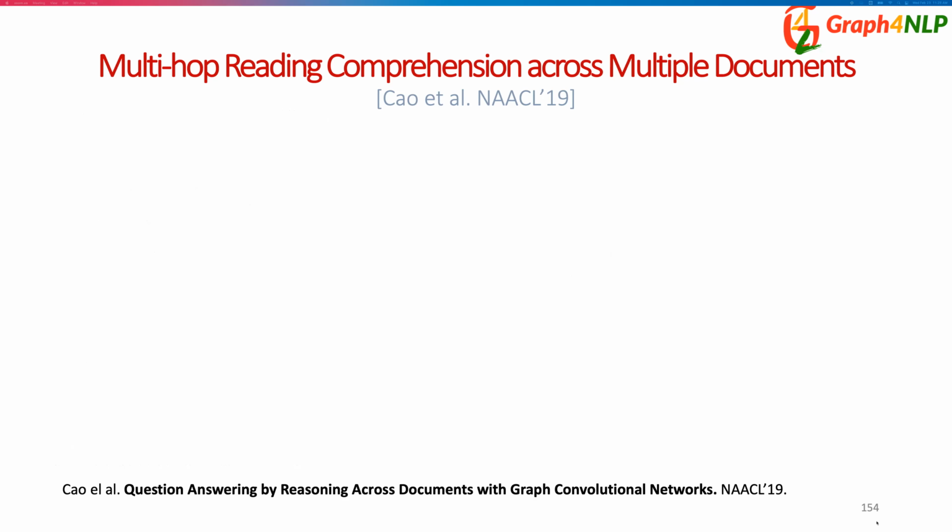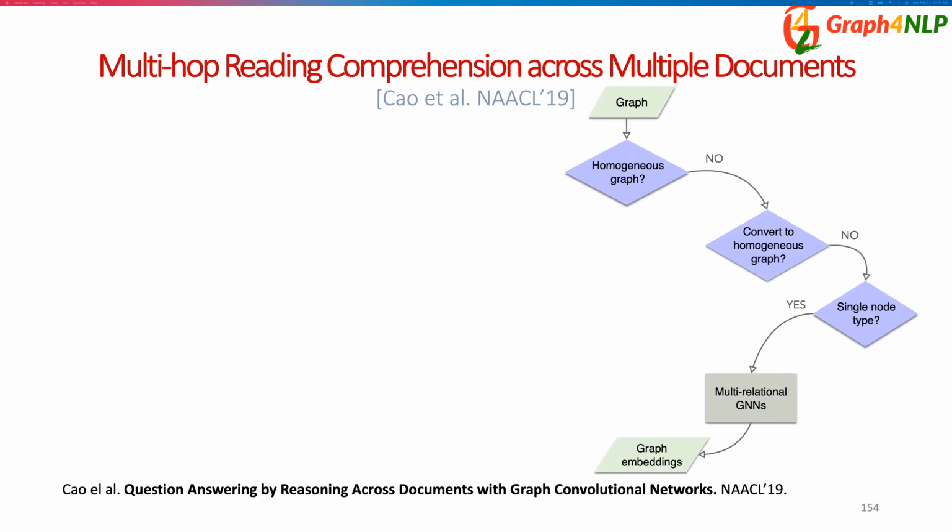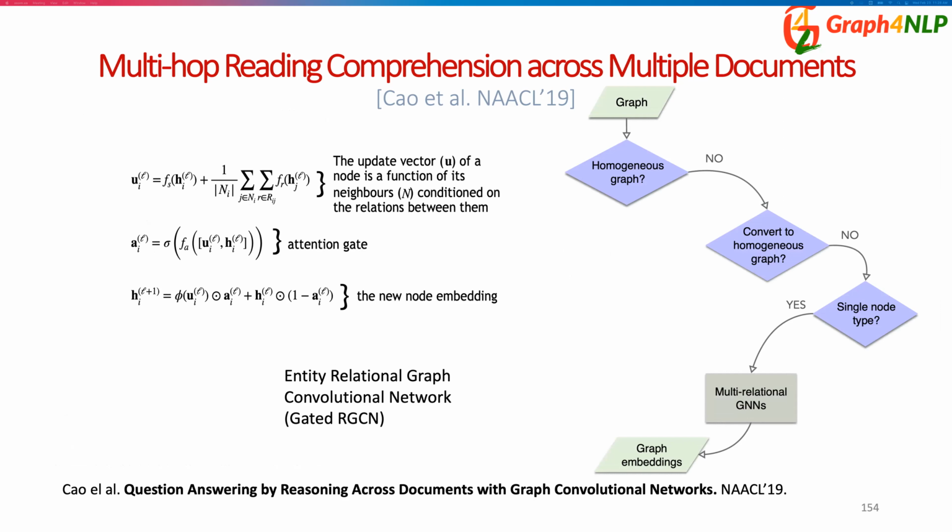So once we construct the graph, the graph representation for each of the nodes is learned via an entity relational graph convolutional network, using a gated version of relational GCN.